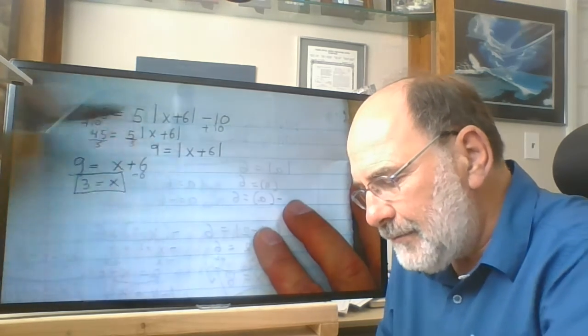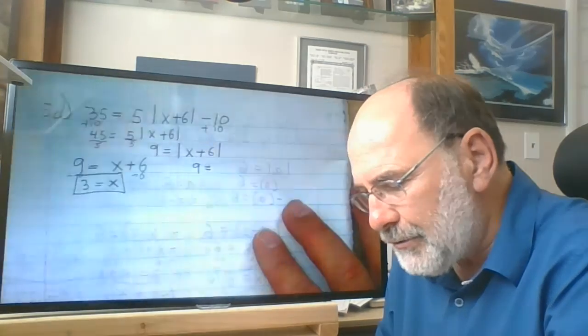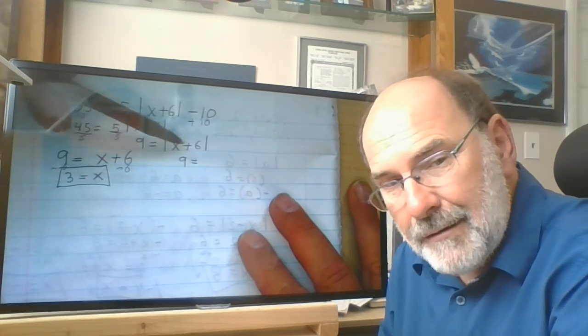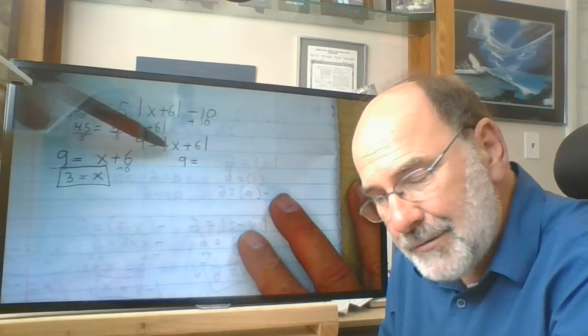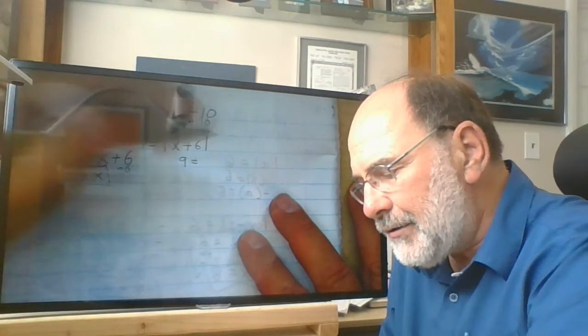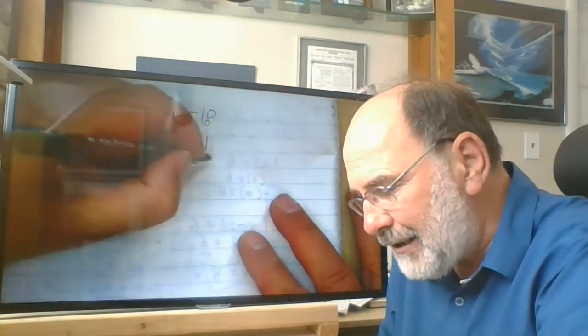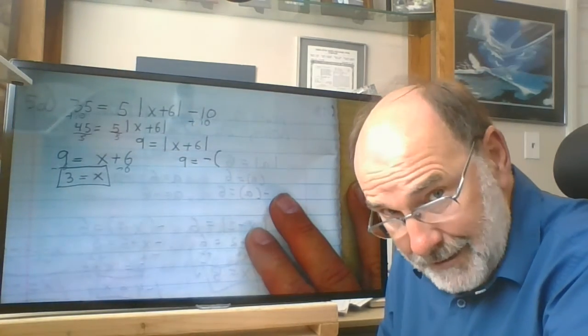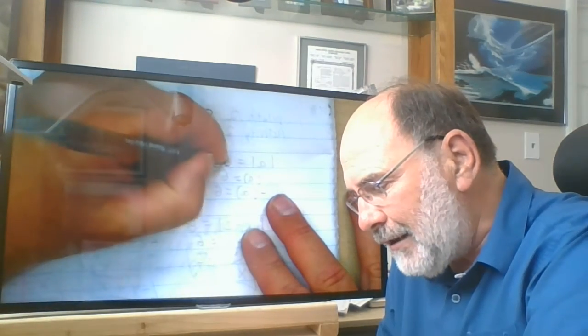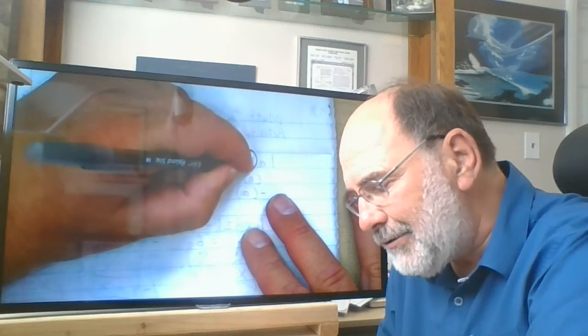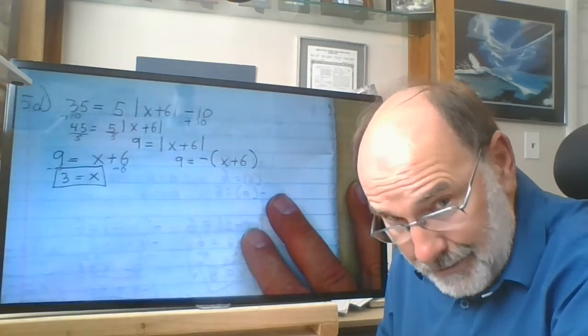For the other one, 9 is equal to what might be inside the absolute value symbols might all be negative. So I put a negative sign on the outside, write it as parentheses instead of absolute value, and go x plus 6, close parentheses. And now I solve for x.